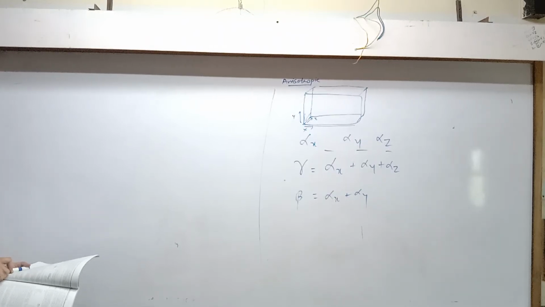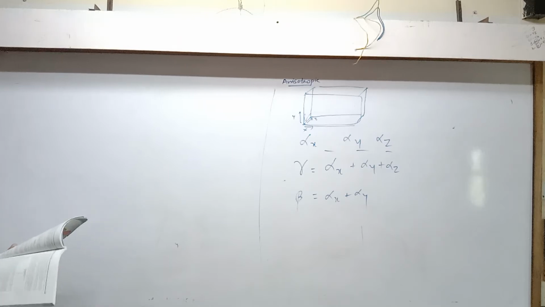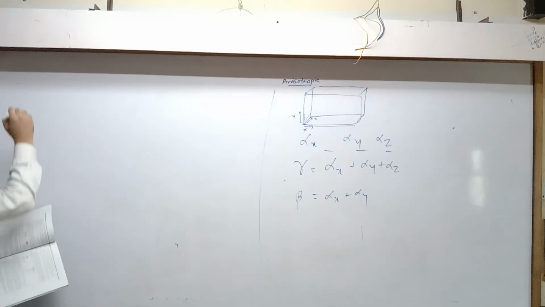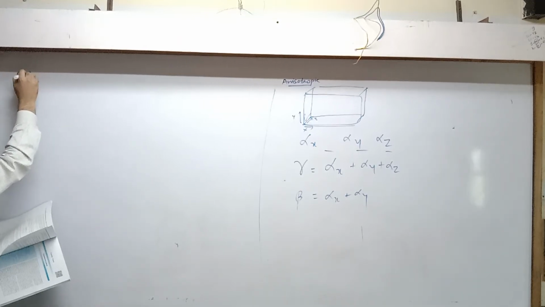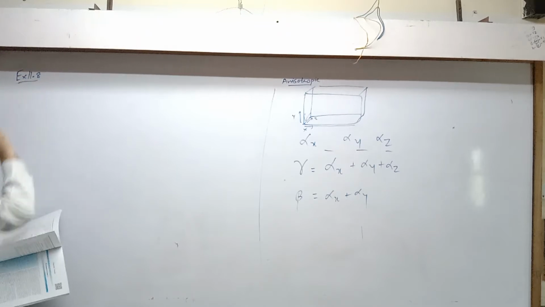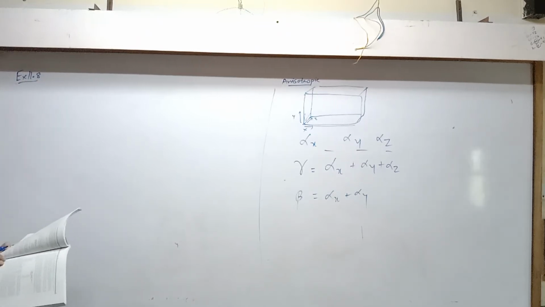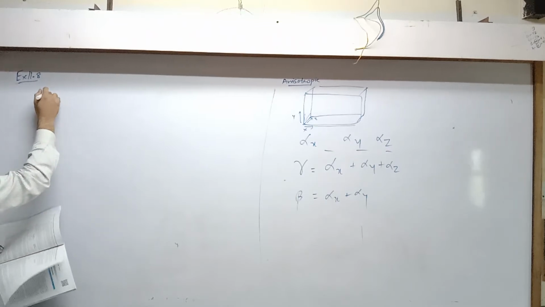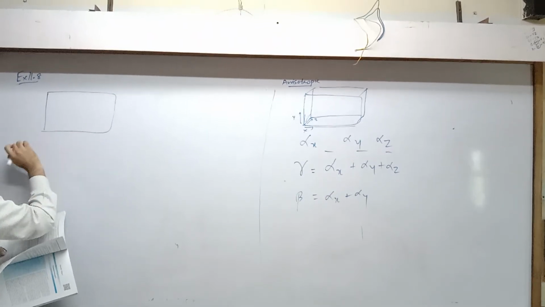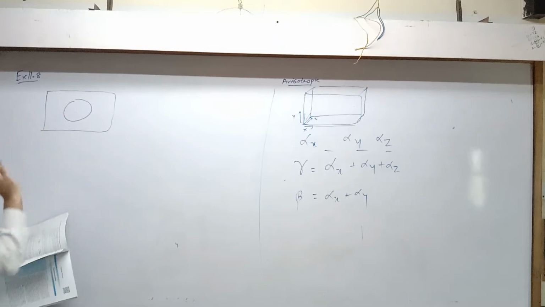So now let's solve question 8 from exercise. A hole is drilled in a copper sheet. Let's say this is a copper sheet, and inside it we have made a hole.